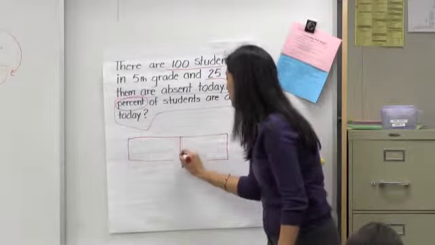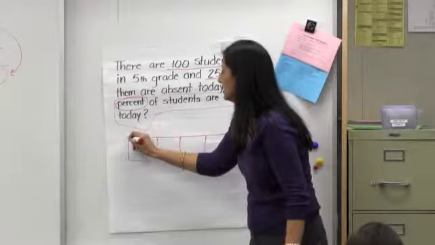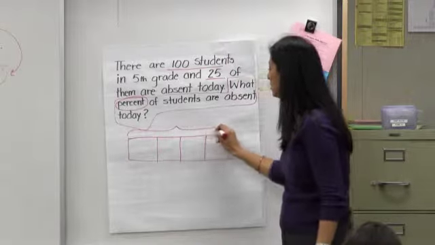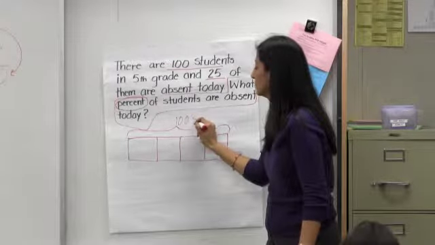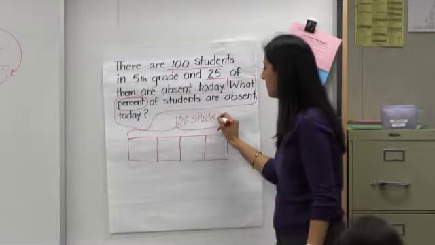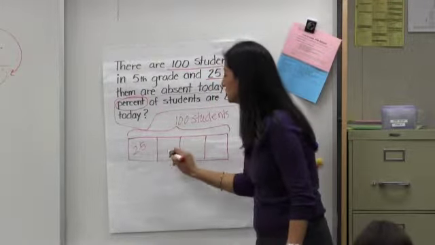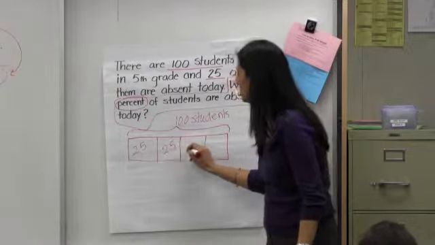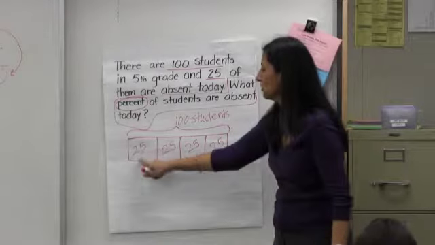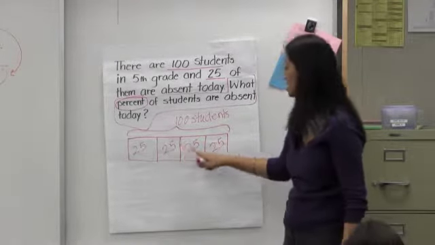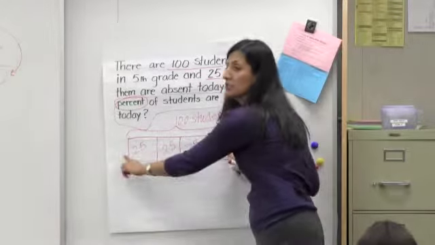If I break this into 4 equal pieces, this tells me that from here to here, this total represents my 100 students. And if I break it down, I have 25 students here, 25 students here, 25 students here, 25 students here. 25 and 25, 50, and 25, 75, and 25, 100. So that is all of my students together.